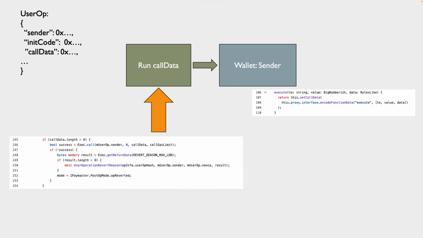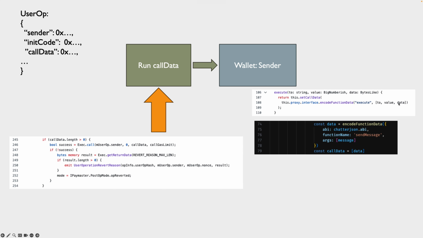Now, if you remember, in the UserOp.js function, to actually execute a function, it is setting the call data from the proxy of the SimpleWallet to the function execute inside this smart contract, and it can have two fields, value and data. The data field is the ABI encoded data to send the message to our chatter smart contract, and the to field is the address of our chatter smart contract.